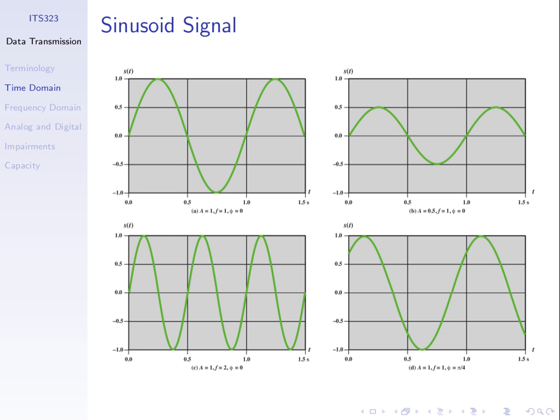The signal has 1 instance in that 1 second, and then it will repeat in the next 1 second and the next 1 second. So the number of times it repeats within a period of 1 second is the frequency. Hertz, or the number of repetitions per second.